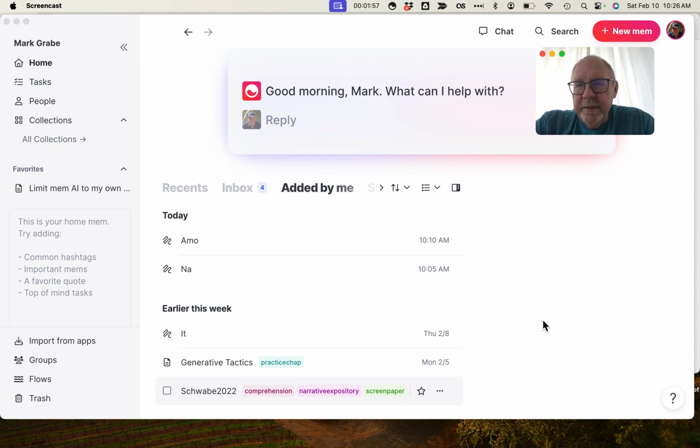What you see here is one of the AI slash note-taking systems I use. It's called Mem.ai. And what appears on the screen at this point is the home screen. So you see references to older notes I've taken, and I'll show you what a note looks like.